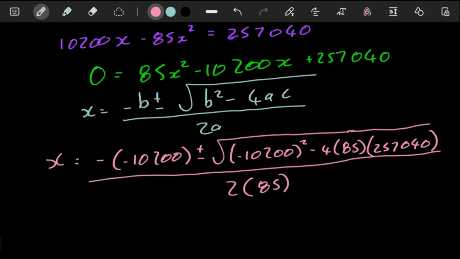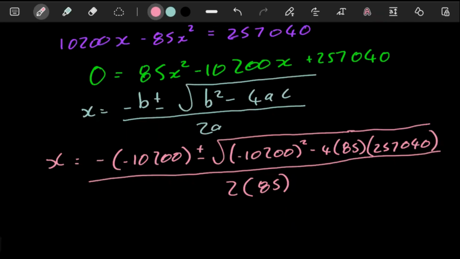So let's see here. Fraction button, minus negative 10,200, plus the square root of negative 10,200 squared minus 4 times 85 times 257,040.